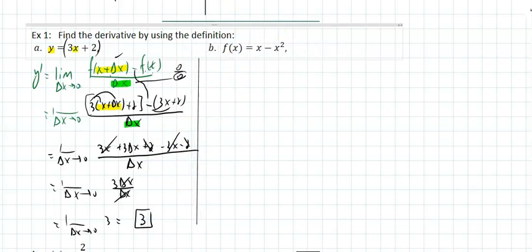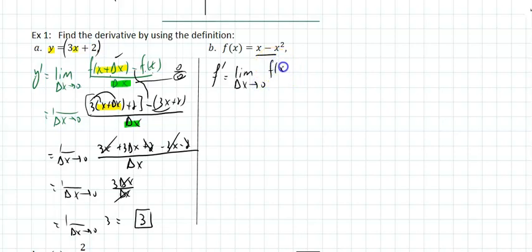If I look at a quadratic and I want to find the derivative, the slope of the tangent, the velocity, the instantaneous rate of change, that is the limit as delta x approaches 0 of f of x plus delta x minus f of x all over delta x. Now, calculus uses h instead of delta x, so you might have seen it that way.